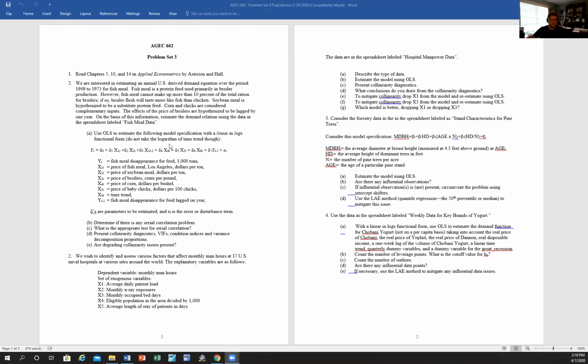By and large, I was pretty happy with problem 2. Everyone did a pretty good job of determining if there's any serial correlation problem. The thing to note in problem number 2 is that there is a lag of the dependent variable. And when that happens, the appropriate test isn't the Durbin-Watson test, it's the Durbin-H test.